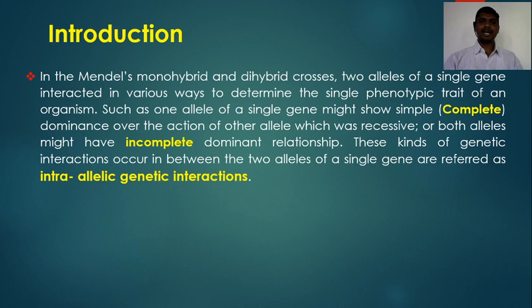Another one is a dihybrid cross. When a cross is made for two pairs of contrasting characters, such a cross is known as a dihybrid cross. For example, a cross between two parents, yellow round and green wrinkled seeds. Such a cross we refer to as a dihybrid cross.